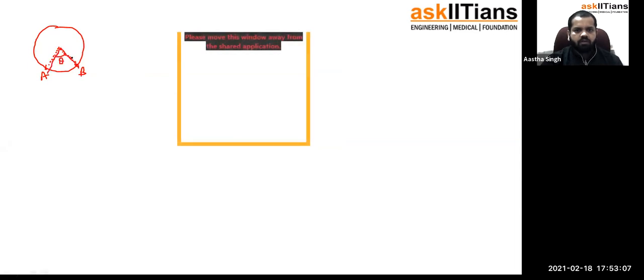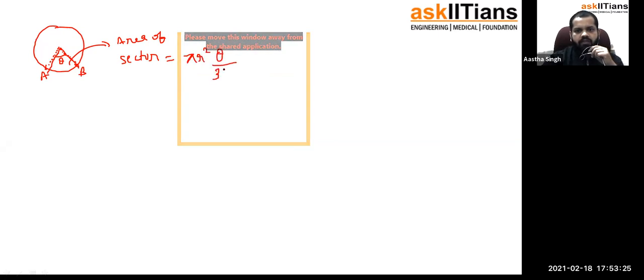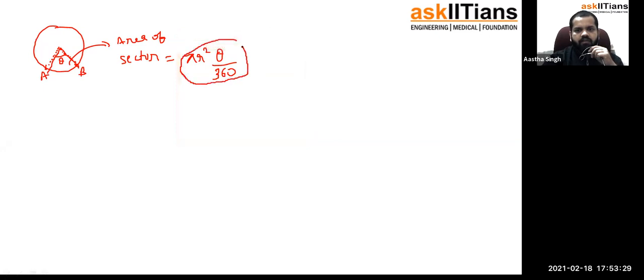So this will be your sector. What will be the area of your sector? We have already studied, or we should know at least, that area of sector will be equal to pi r square multiplied by theta upon 360, when your theta is in degree, guys.